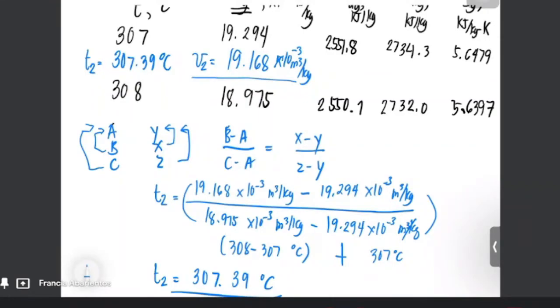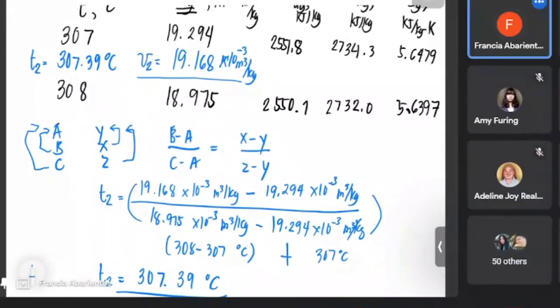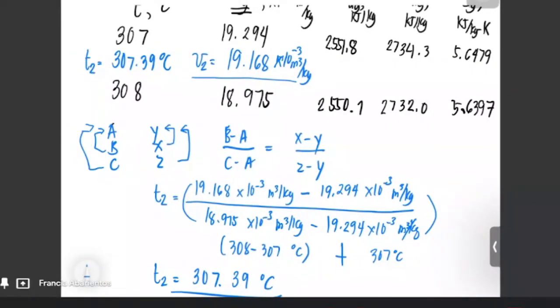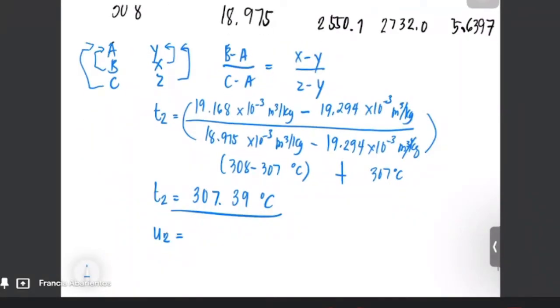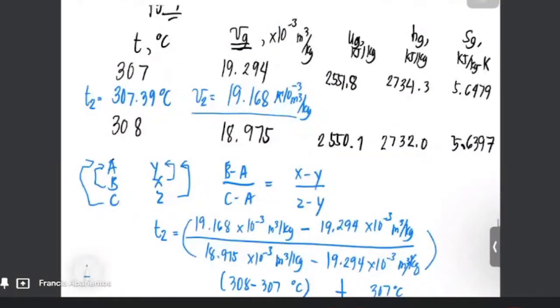Find ways kung paano nyo yan mapapadali. Hindi na ituturo ni ma'am. It's for you to discover. Ano answer nyo, class, sa enthalpy? Ay, enthalpy. Internal energy. What is now your answer? Internal energy at point 2.